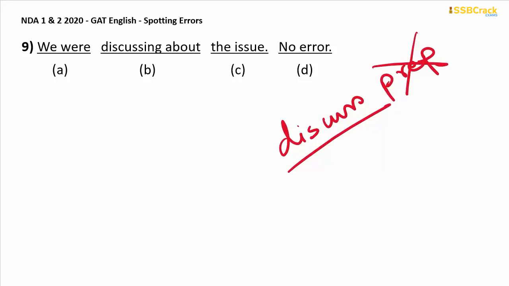Discuss itself means when you are talking about a particular topic to someone or with someone. So here the correct sentence will be, we were discussing the issue. About is not needed here. Therefore here about has been wrongfully used, mistakenly used.